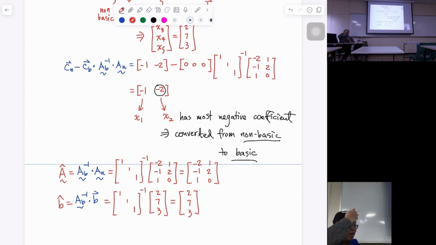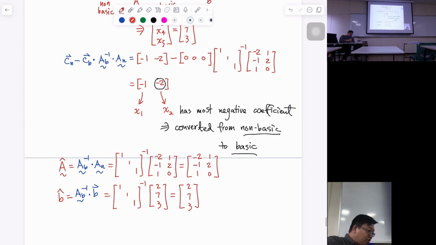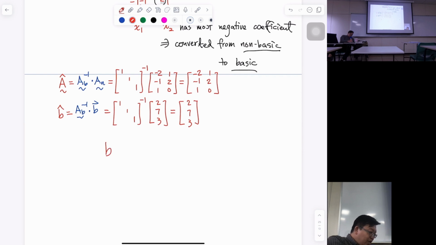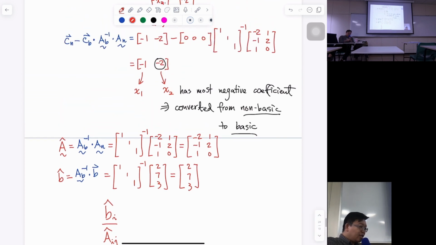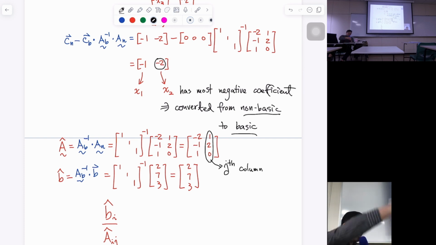Okay. And remember, we are doing the ratio test of Bi over Aij. So what is my j? The second one is my j. So only the second one, second column. So this column, this is the j column. Because earlier we chose the second one.